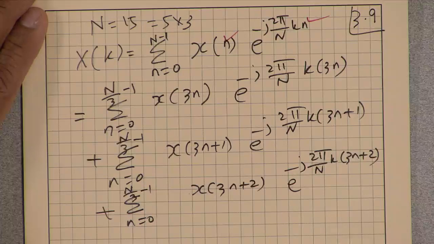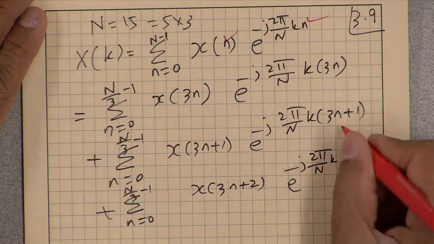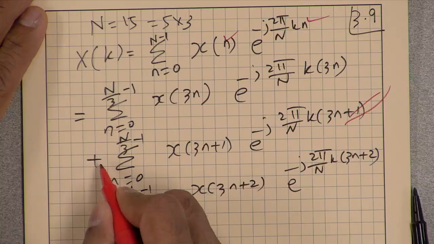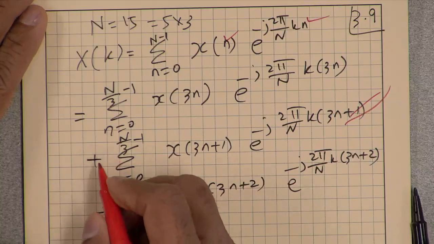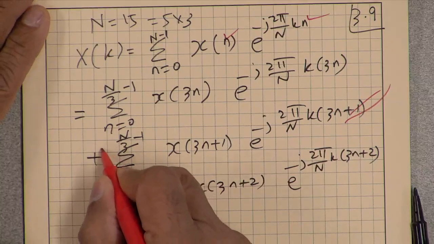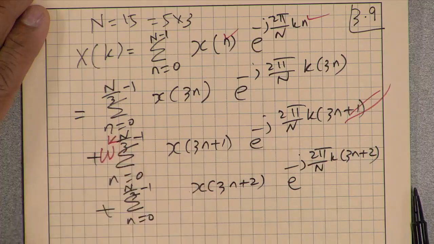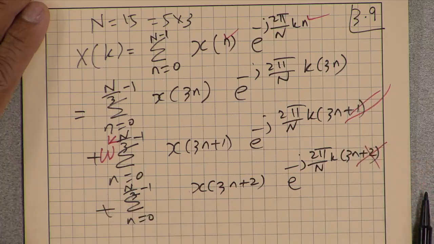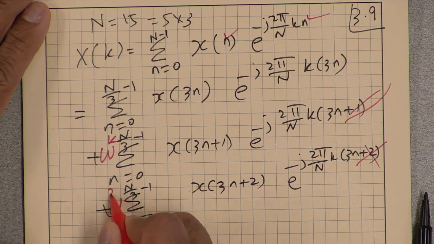So now if I multiply this one out, and write that here as e to the power minus j 2 pi over N times k. So that's W to the power k, multiply these two and then take it outside the sum, that becomes W to the power 2k.